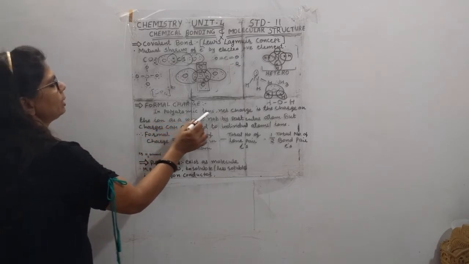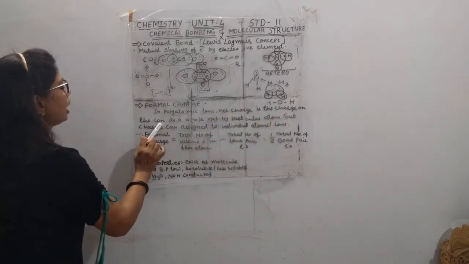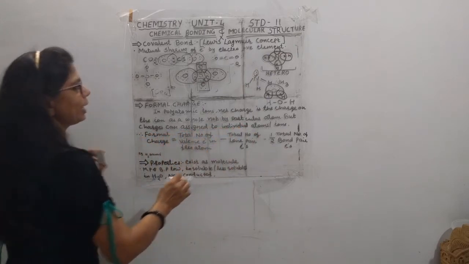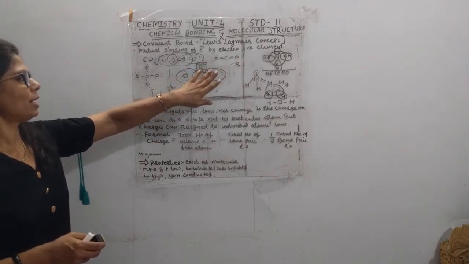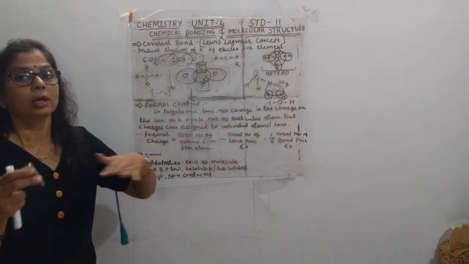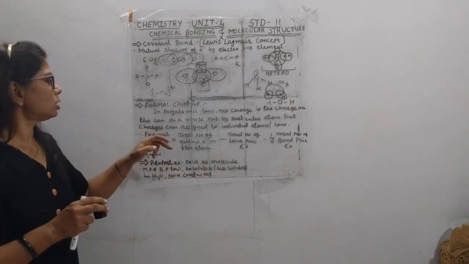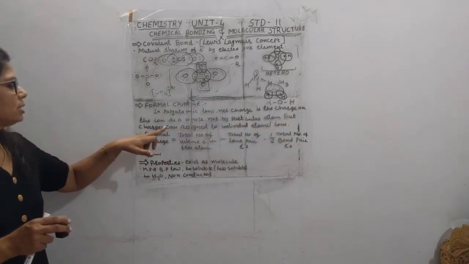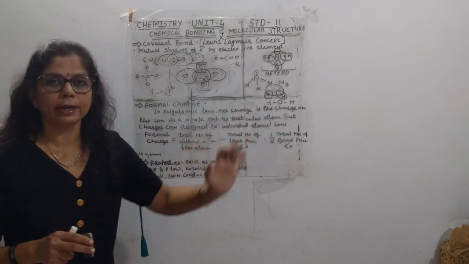So in polyatomic ions, net charge is the charge on the ion as a whole, not on a particular atom. As I said, it is not on a particular atom, like sulfur having 8 electrons and completing its octet. But charges can be assigned to individual atoms or ions.